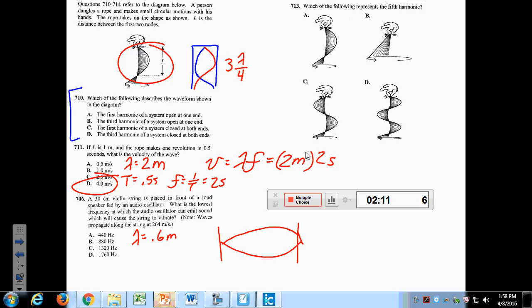What is our speed? Our speed is given. It's 264. It's the speed at which it travels along there. And now I'm looking for the frequency. So we define the frequency based on that. All right. I'm going to stop at 240.